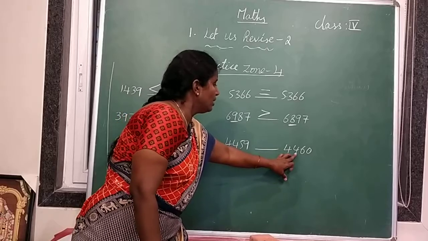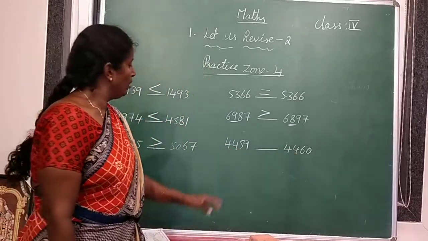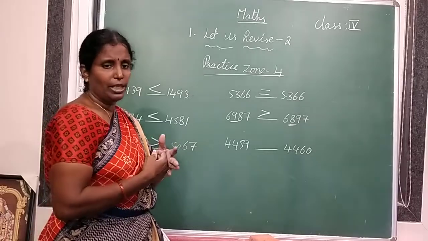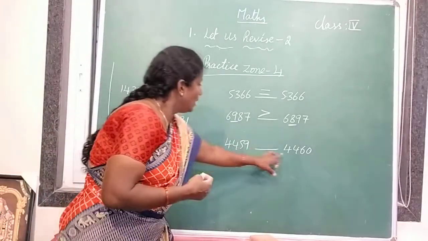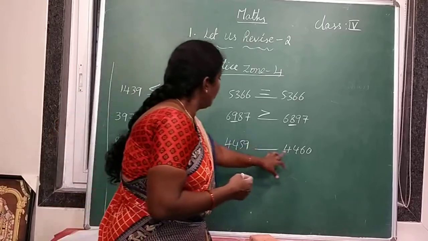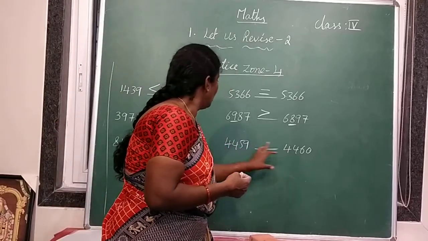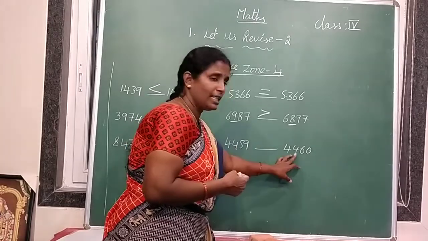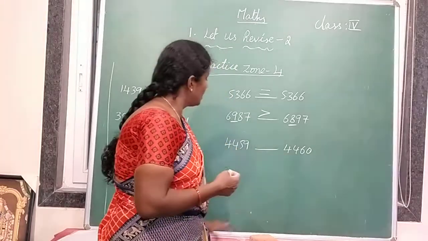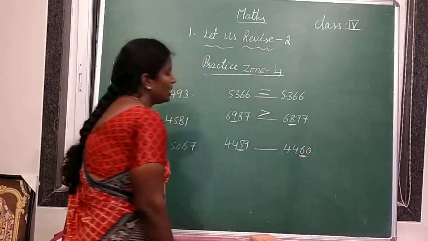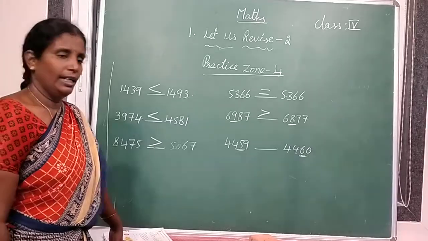Next, 4459 and 4460. Both are 4-digit numbers and 4000, 4000. 4, 4 in thousands place, 4, 4 in hundreds place, and if thousands and hundreds are same, then compare the tens place. So this is 5 and this is 6. Both are same or different? Different.